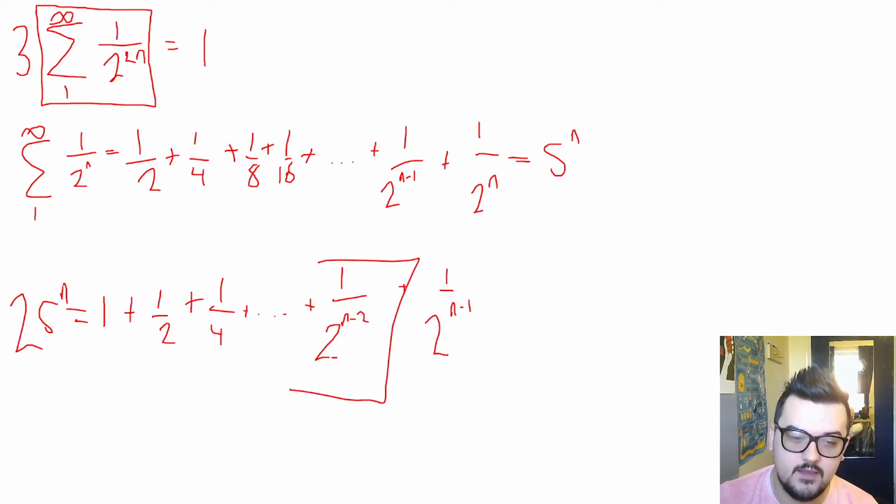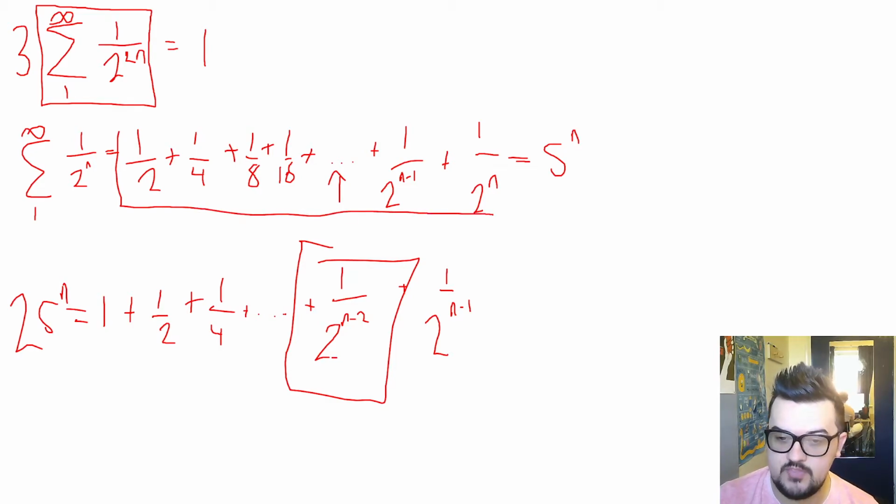This term is somewhere contained in these dots, so it is part of the sum. Now, within this we actually have most of our Sn, because our Sn starts at a quarter and ends at 2 to the n. This, however, ends at 2 to the n minus 1 here.